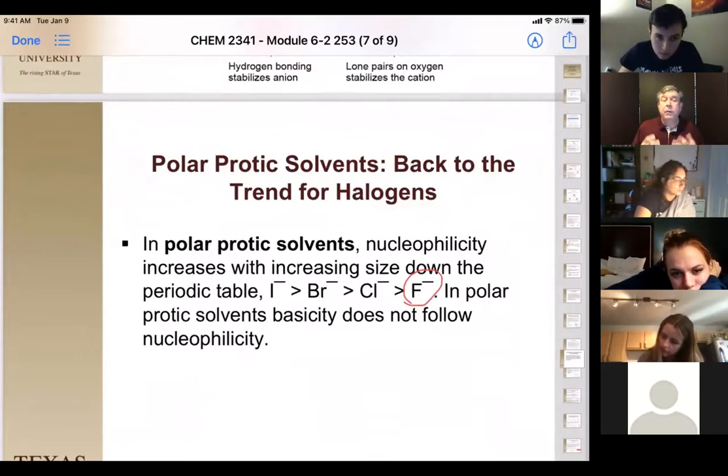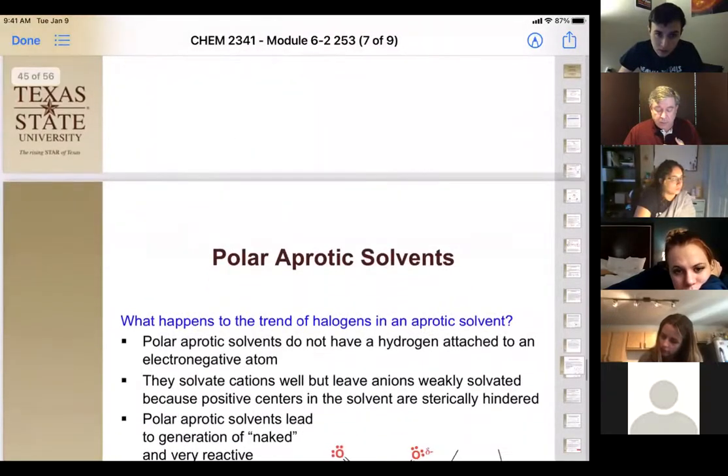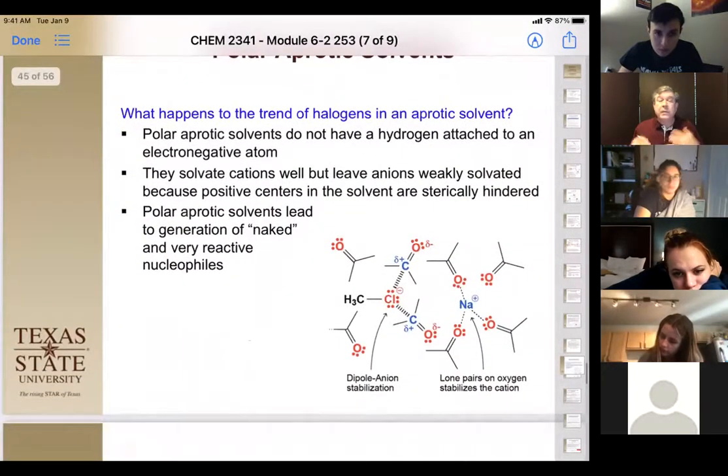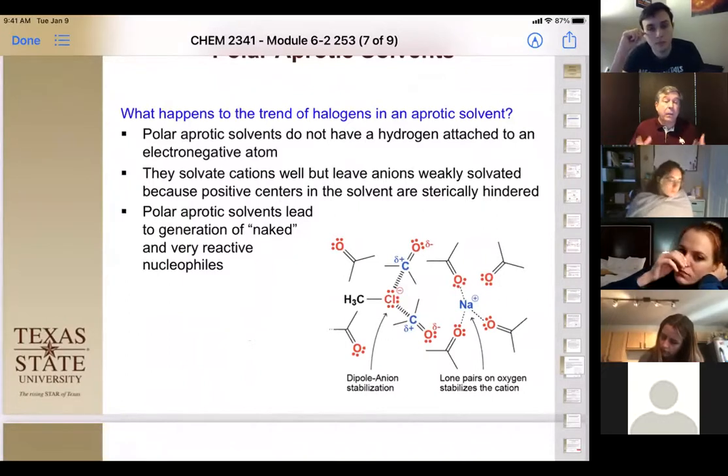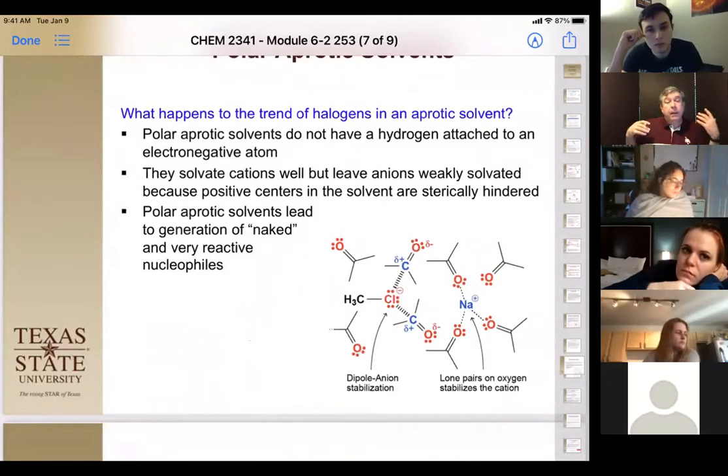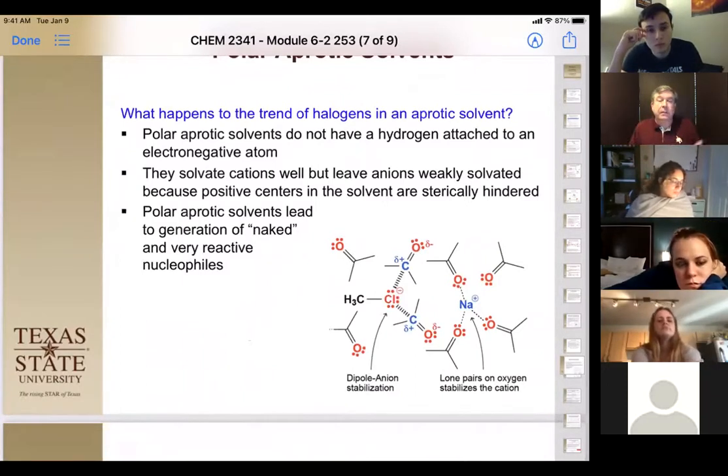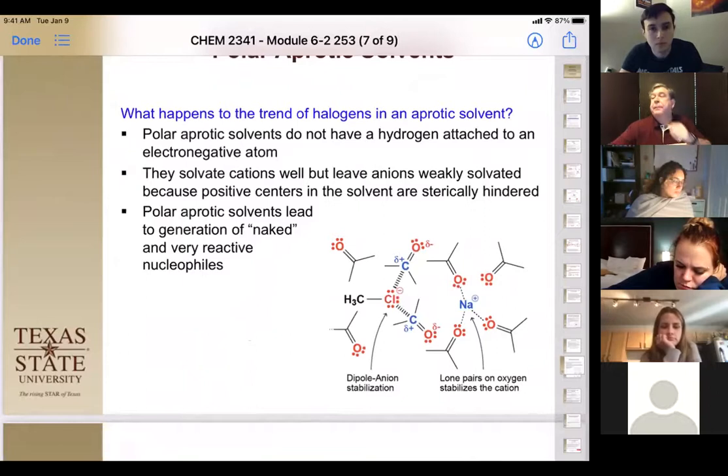What if we don't have that? What if we just have that dipole-ion interaction? If we only have that dipole-ion interaction, we don't have that formation of the conjugate acid, and we have a weaker interaction with the system, making our nucleophile less solvated, with less of a solvent shell around it, and therefore it changes the trend.